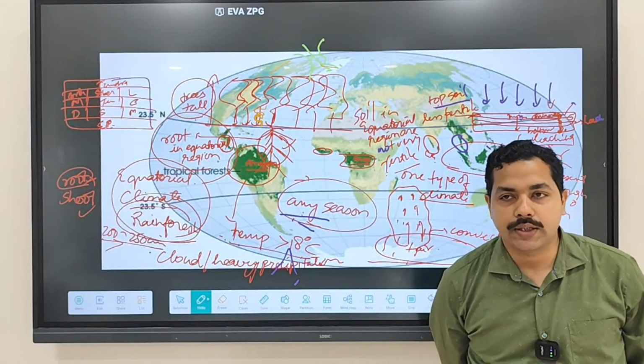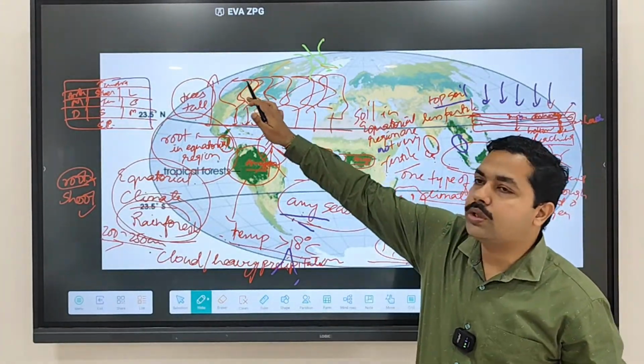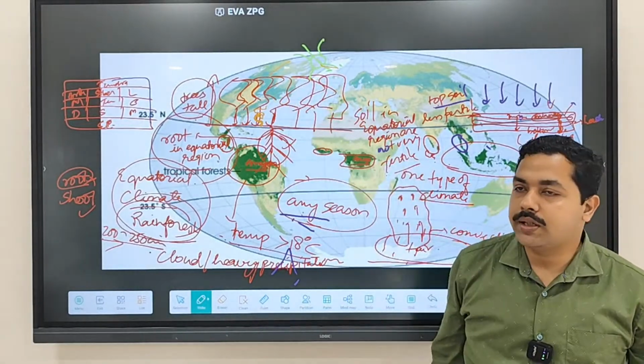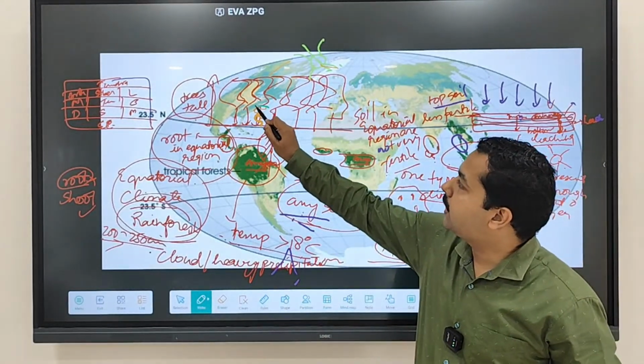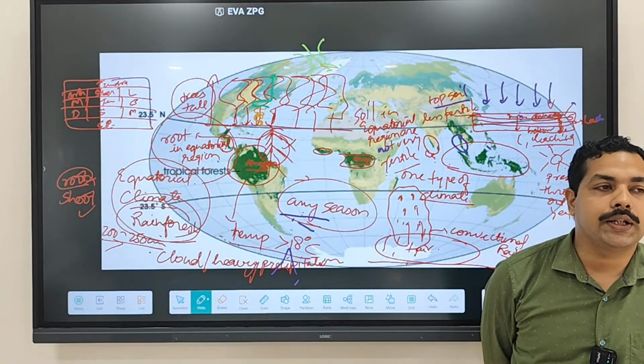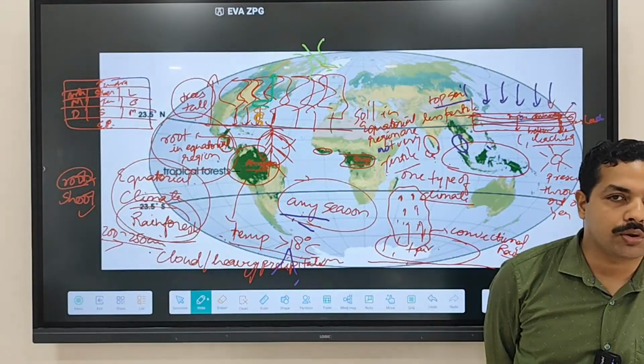Why will it not get the sunlight? Because it is covered by the other trees. So it is not getting sunlight. So it will take the help of other trees to go to the top. Clear?